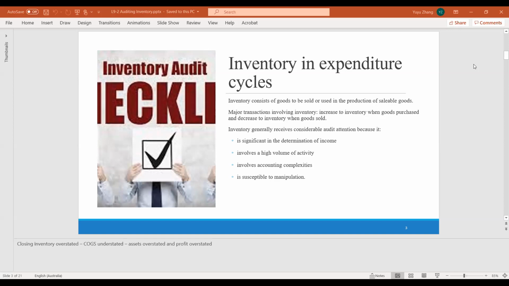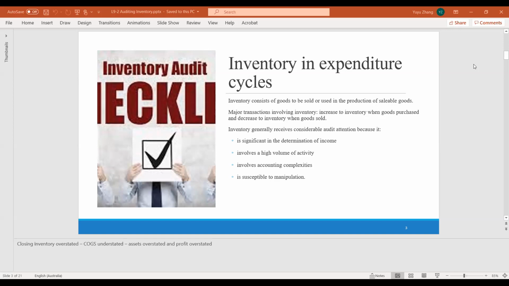When you're testing the sales and the purchases, the items in and items out are about the inventory changes.